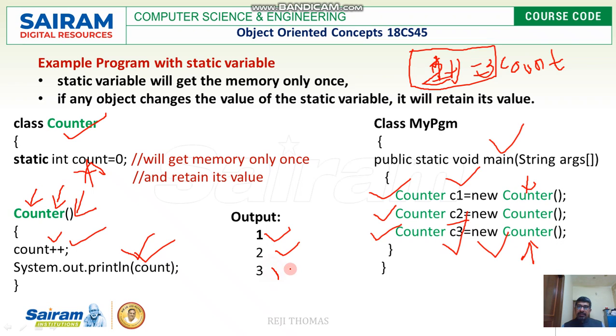When I print it, I'll be getting 3. So we have successfully created 3 objects, but irrespective of the number of objects we have created, the static variable shares the memory, or memory will be allocated only once for this variable. So this is about the static variable.